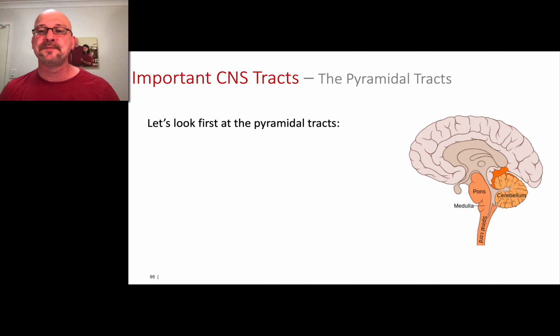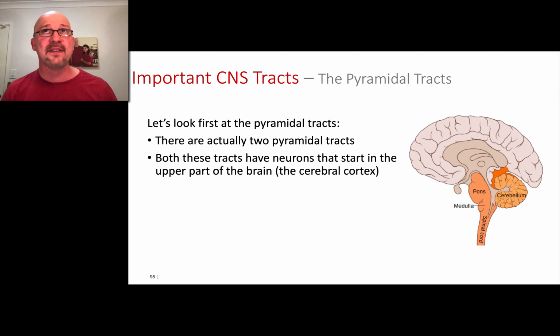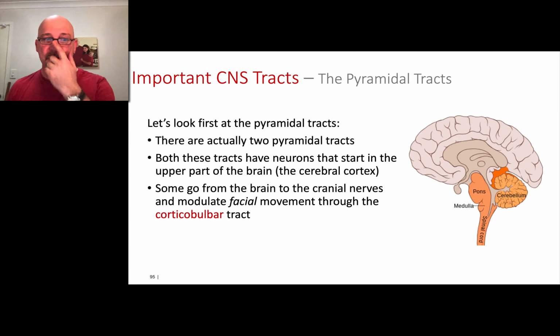So let's talk about those. First, we'll talk about the pyramidal tracts. And as I said, there are pyramidal and extrapyramidal. Now we're going to do an additional subdivision. There's pyramidal and there's extrapyramidal, but the pyramidal actually has two tracts as well. Both of these start up in the cerebral cortex, and some go down and then come out through the facial nerves and modulate facial movement.